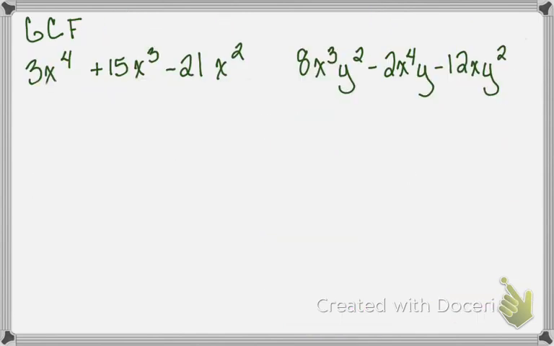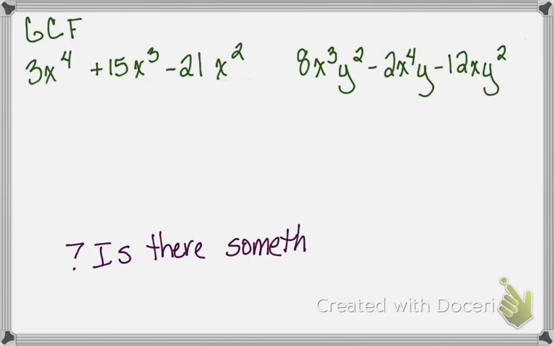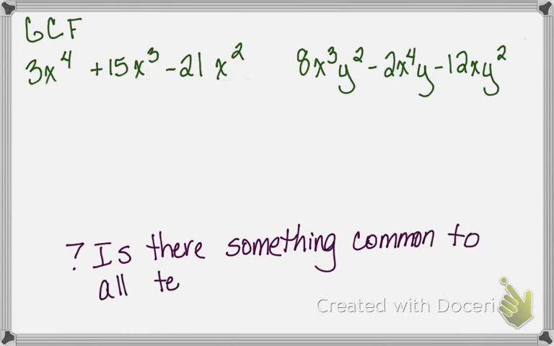Now, when we factor, the very, very first question we ask ourselves is, is there something common to all terms? Is there something common to all terms? 3x squared.